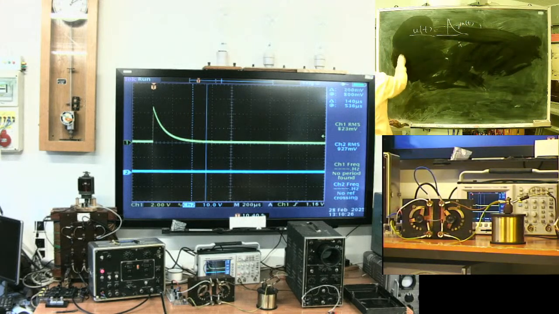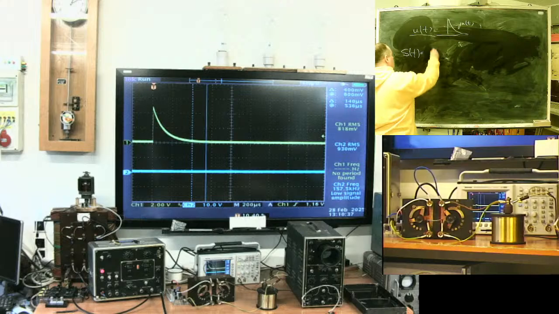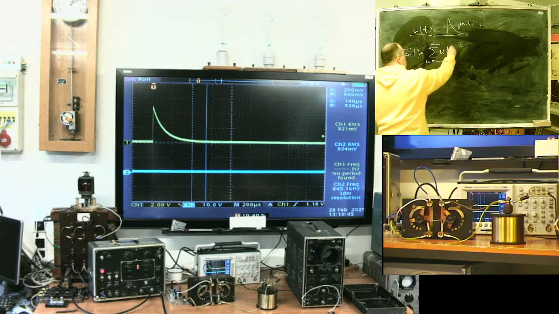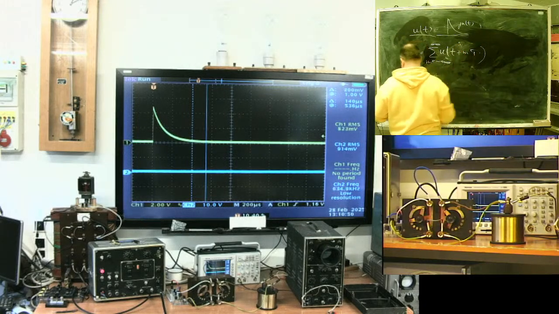I'm creating a sequence. Let's see. M from minus infinity to infinity. I can do it like this.